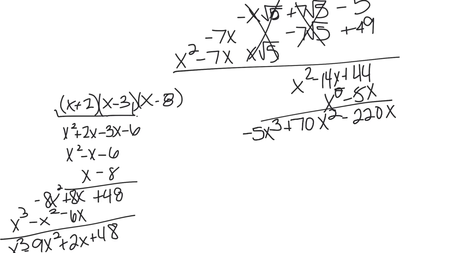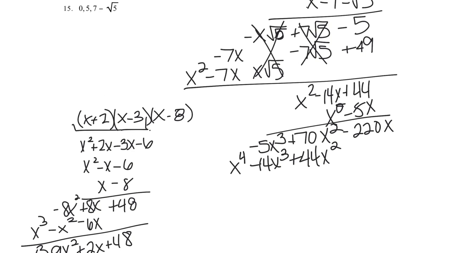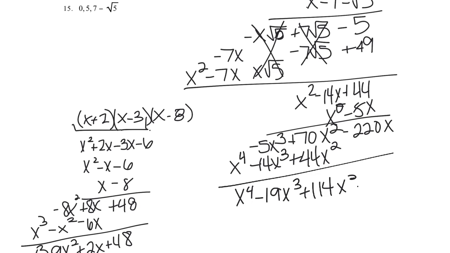Sorry, this 70x squared. And x squared times 44 is 44x squared. And x squared times negative 14x is negative 14x cubed. And x squared times x squared is x to the 4th. So we have x to the 4th minus 19x cubed plus 114x squared minus 220x.